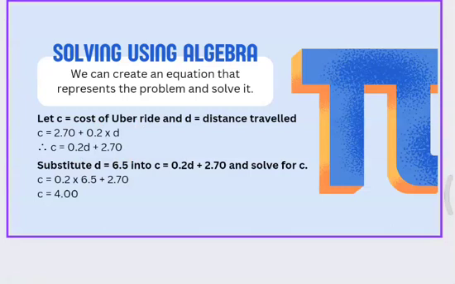Now, substituting D, which has been stated earlier as 6.5, into the equation, we have C equals 0.2 times 6.5 plus 2.70, and solve for C. Now C would give us 4.